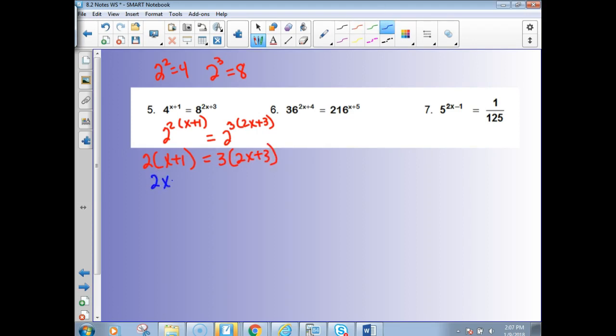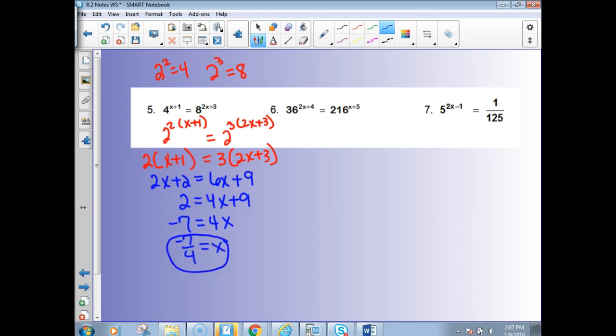Distributing, we get 2x plus 2 equals 6x plus 9. And then we subtract 2x from both sides. And then if we subtract 9, we get -7. And then if we divide by 4, we get -7/4 for our value of x.